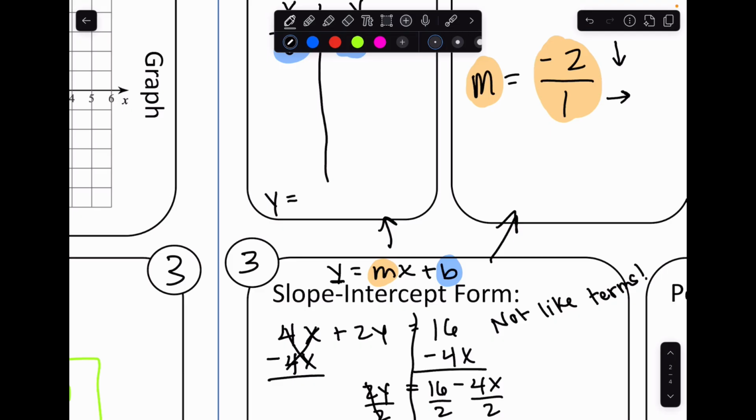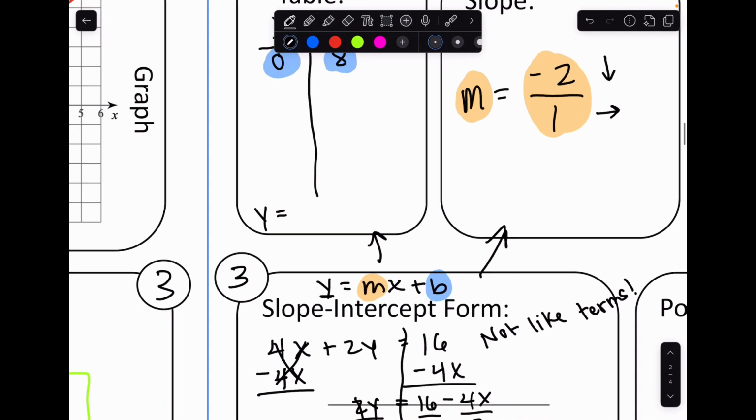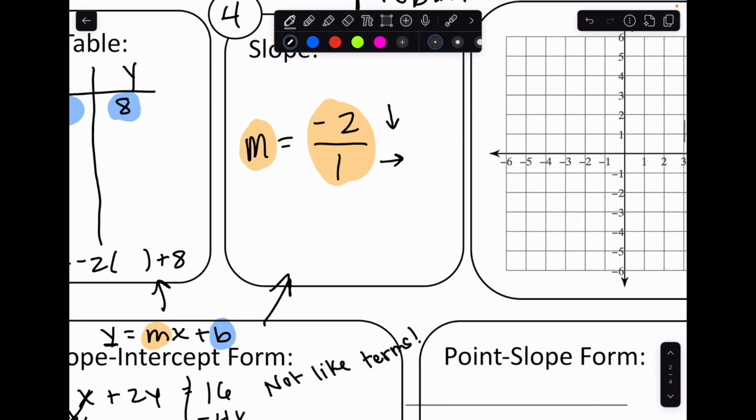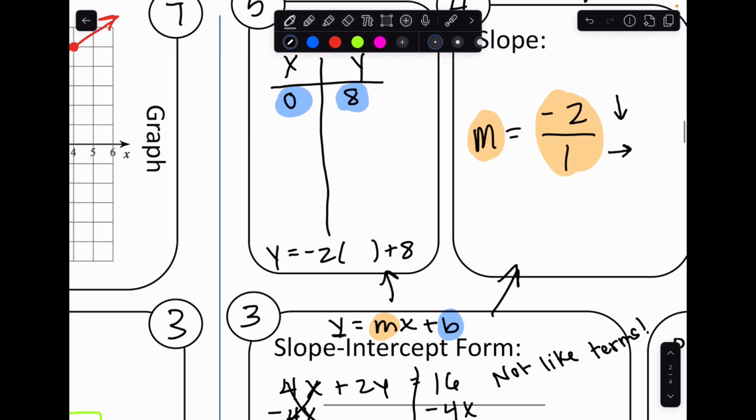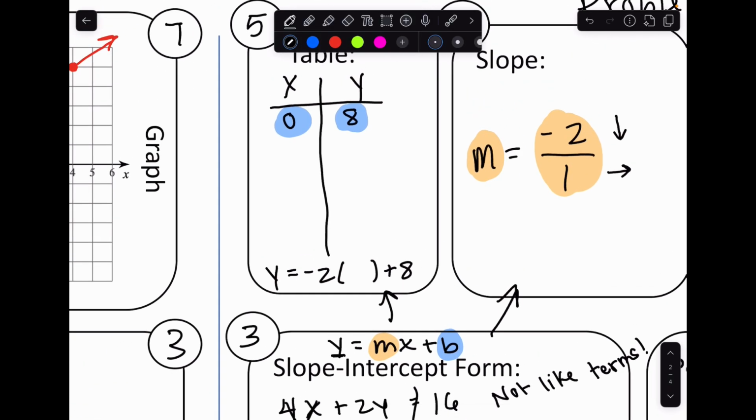And we know that our y is going to equal, whenever we plug anything into x, -2 times whatever we plug in, plus 8. So this is where we need to substitute. We can substitute any number, but since we know we're going to have to graph, let's pick an x that's on our graph. So I'm going to pick 1 to make it easy. Okay.